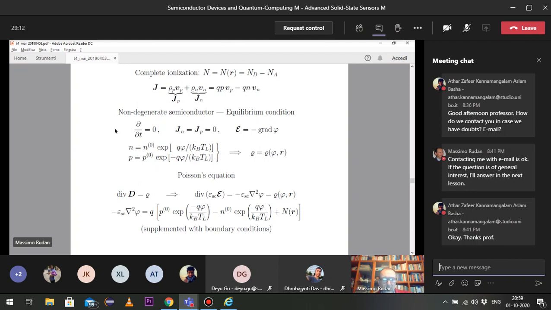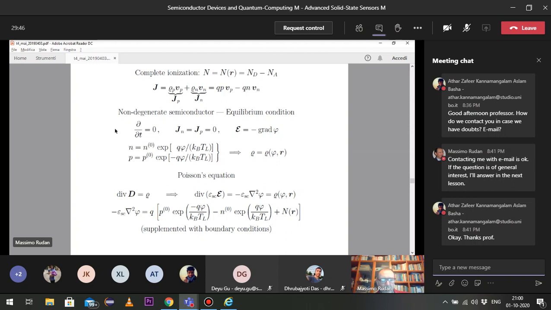If, in addition, we are in the non-degenerate situation, which we always will assume from now on, okay? You remember that if the semiconductor is non-degenerate, then the concentration of the electrons and the concentration of the holes are defined in terms of the electric potential through exponential relations, okay?